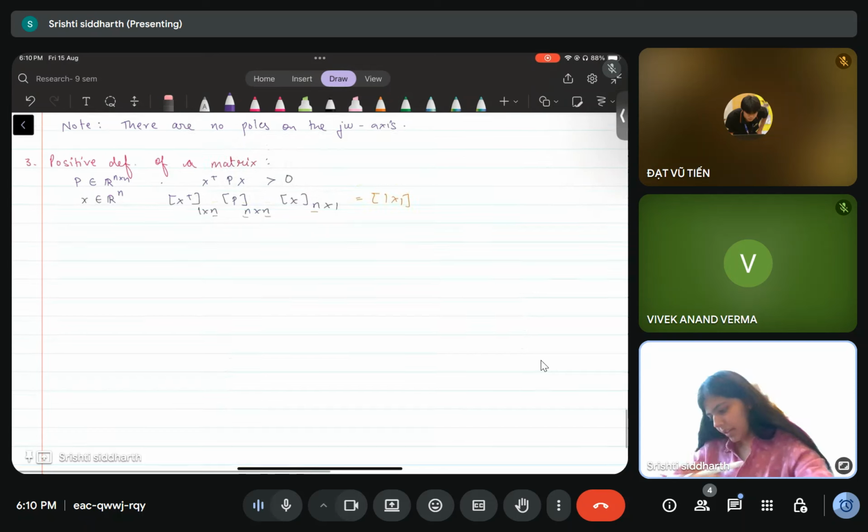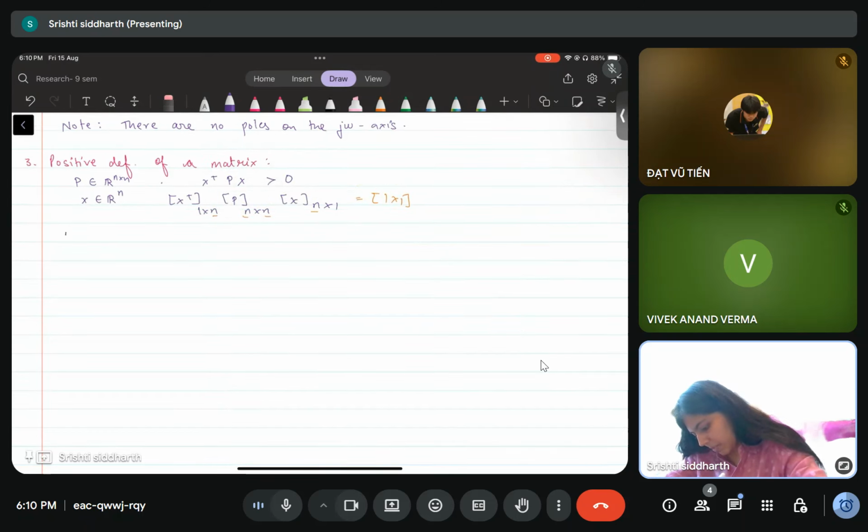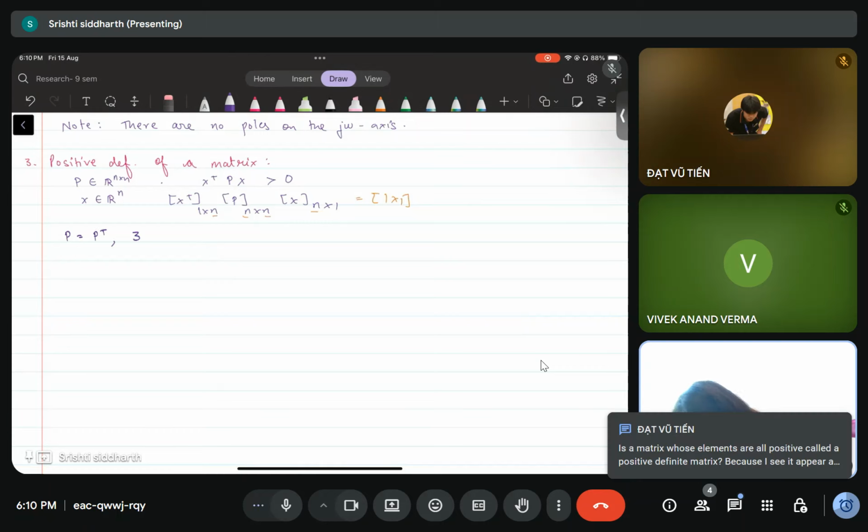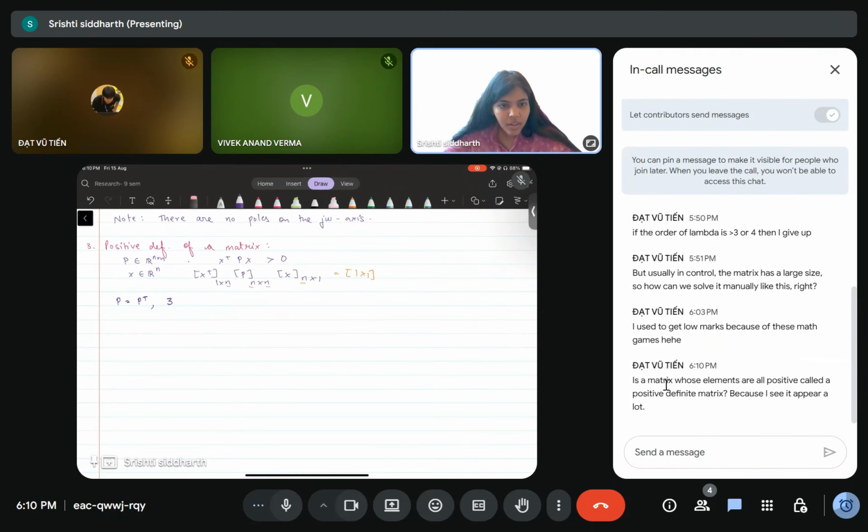So there are 3 criteria. If a matrix P is symmetric, then we have 3 criteria to determine positive definiteness.